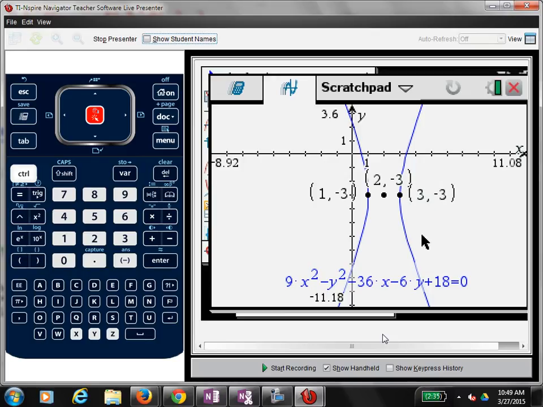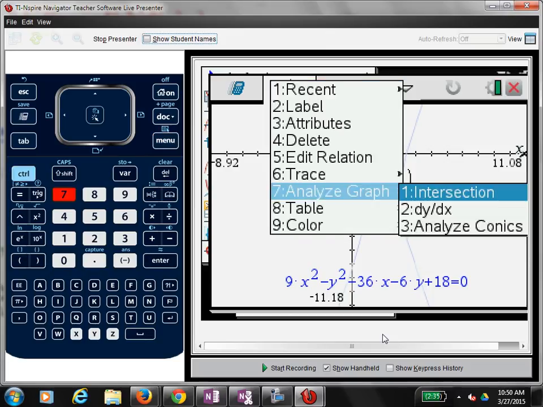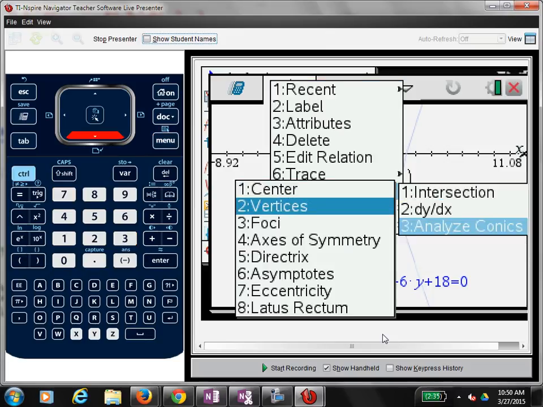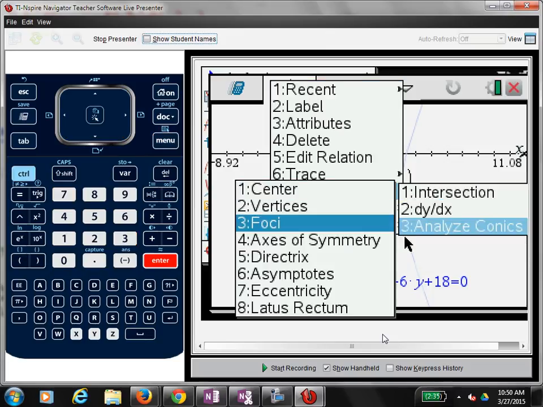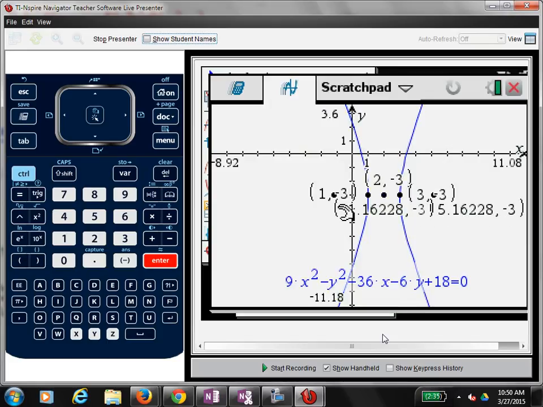The foci are next, so hover above it, control menu, analyze graph, analyze the conic. Now let's go to foci. Again, the only thing about the foci is that it's going to give us the approximation, not the exact one.